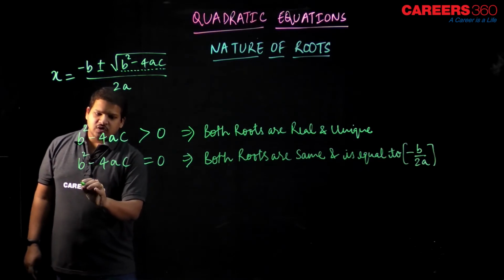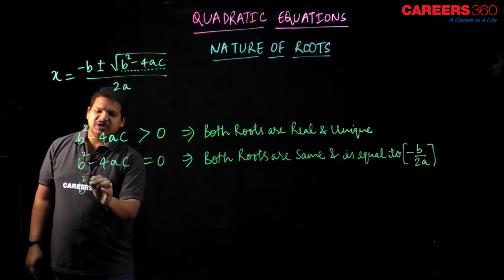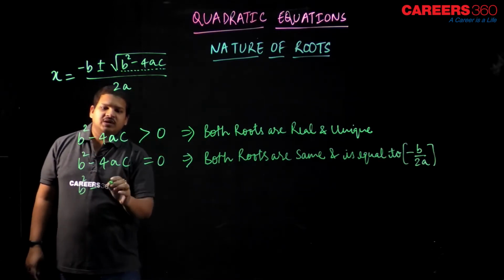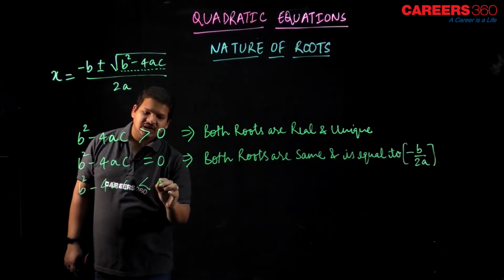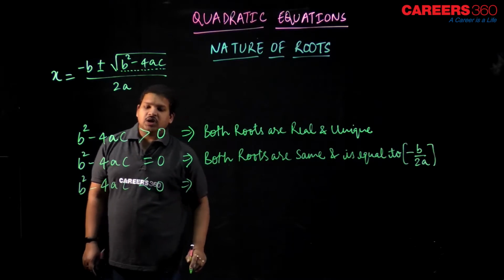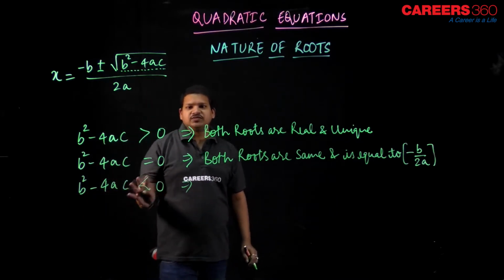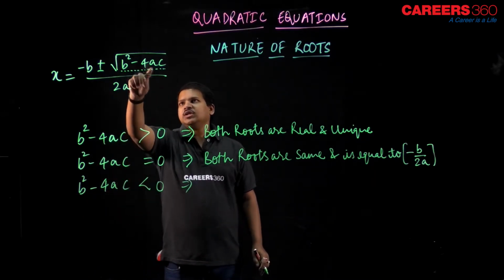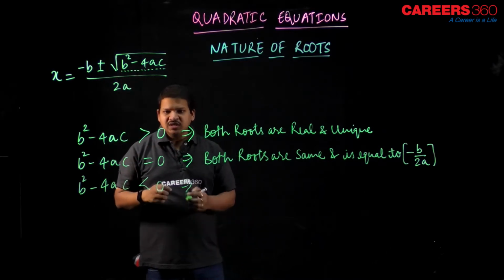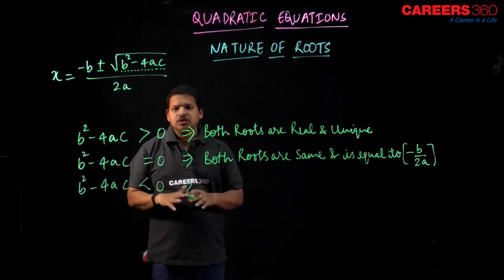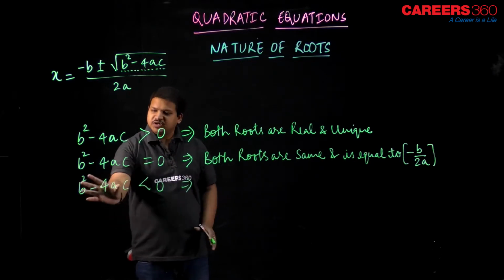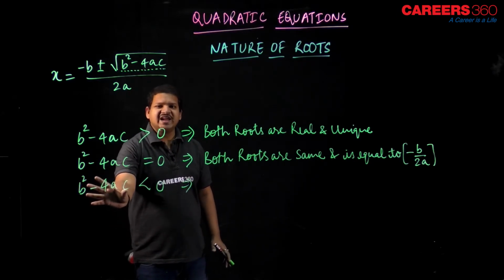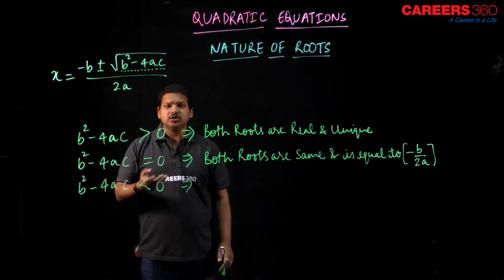Now proceeding to our third condition. What if b square minus 4ac is less than 0? In real numbers we can always find the square root of positive numbers. But what if this number becomes negative? Then obviously we cannot find the square root.